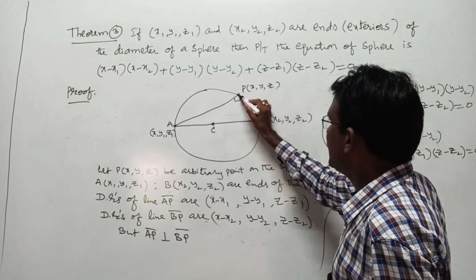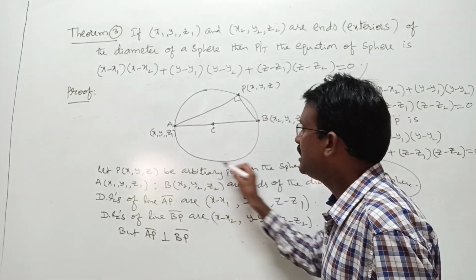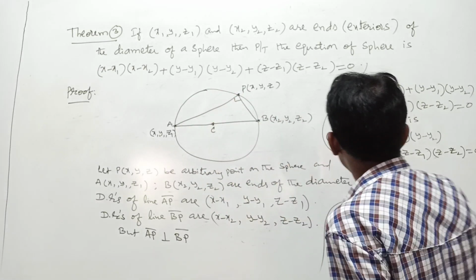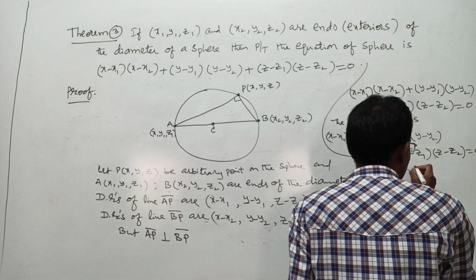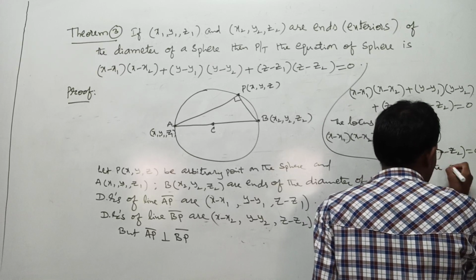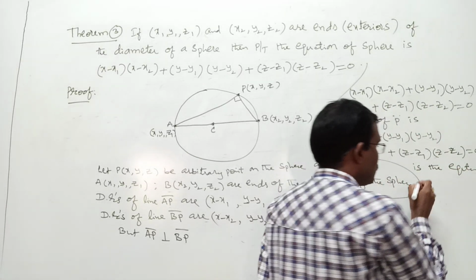But basically P is a point on the sphere. The locus of this P gives the equation of the sphere. Yes, this is the equation of the sphere.